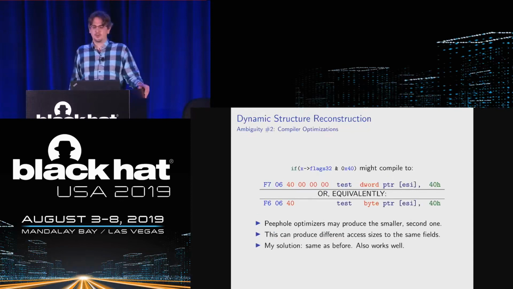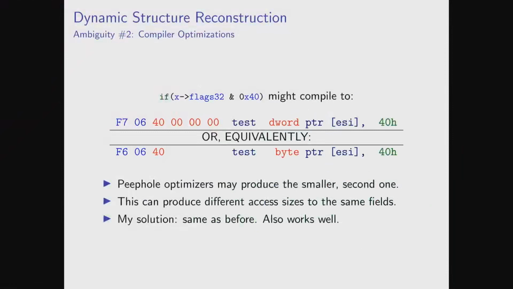Another issue has to do with compiler optimizations. Here again, we're assuming there's a 32-bit integer contained within a structure, and here we're testing it against the 32-bit constant, 40 hexadecimal. The natural way to implement that in assembly language would be the topmost assembly language instruction, which is to treat that location as a DWORD and encode a DWORD size constant as the last 4 bytes of the instruction.